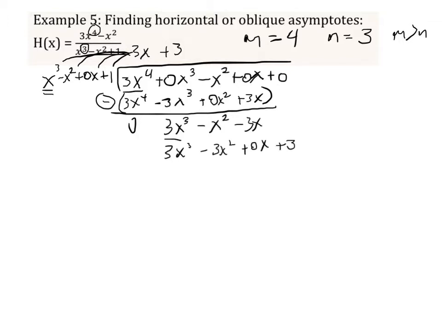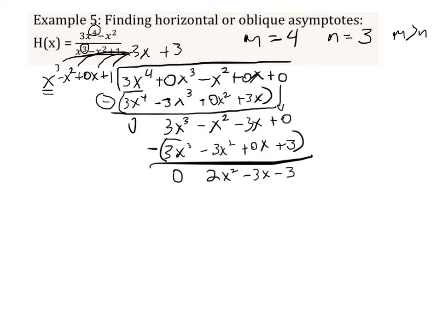And we got to bring down the 0. Alright, subtract. I get 0 here, 2x squared minus 3x minus 3.